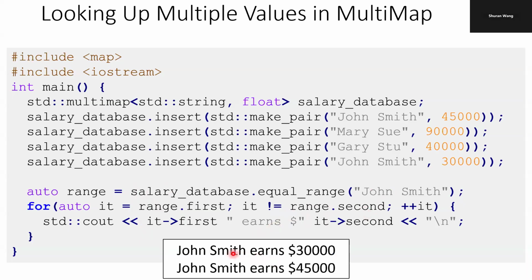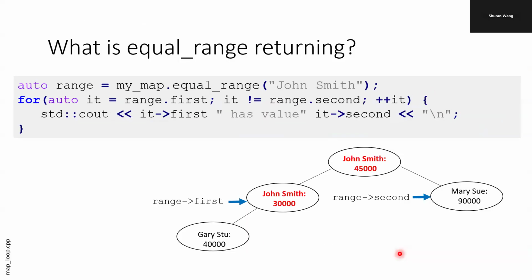And querying this will output both John Smith. So what this returns visually is that when we are returning the range for equal range, the range is a pair storing two iterators. Range.first is the first one in the range, the first John Smith.